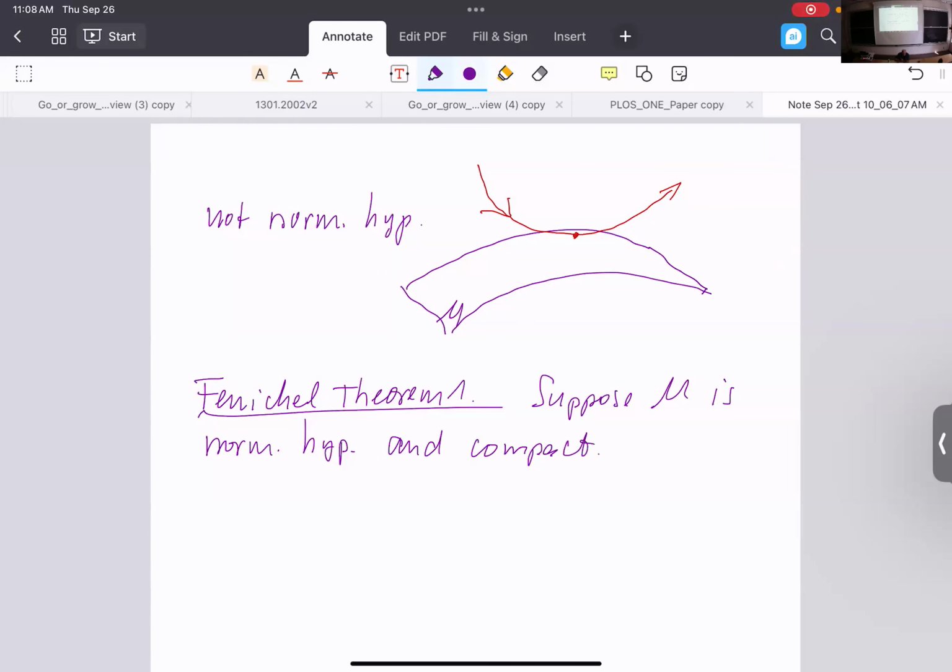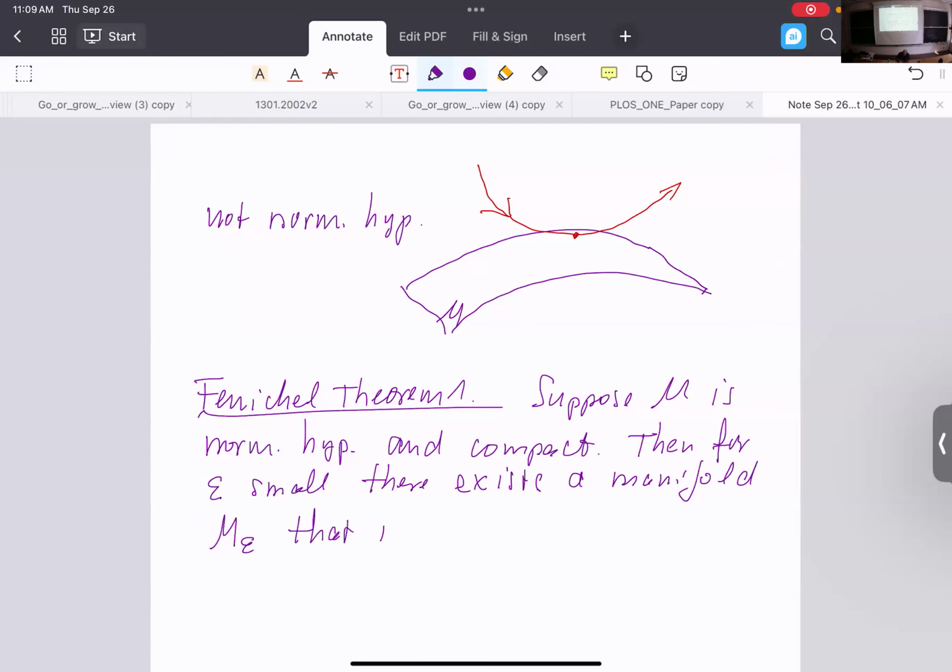Then for epsilon small, there exists another manifold which is nearby. Let's call this M epsilon.